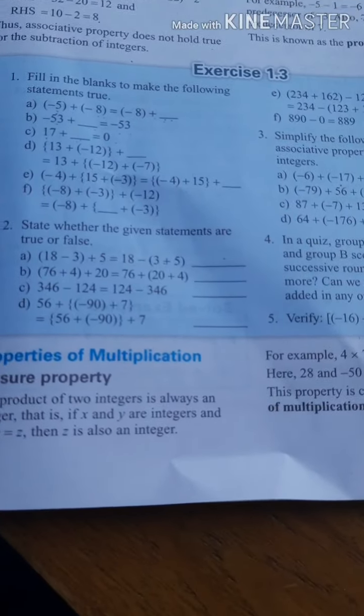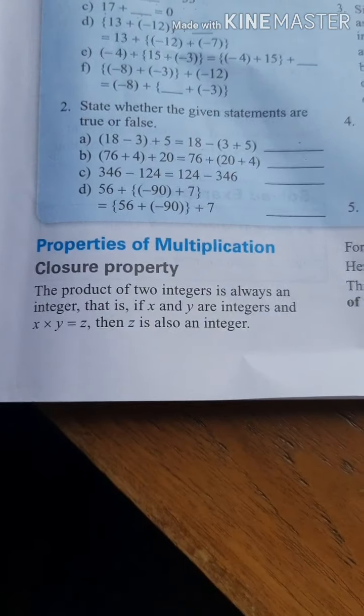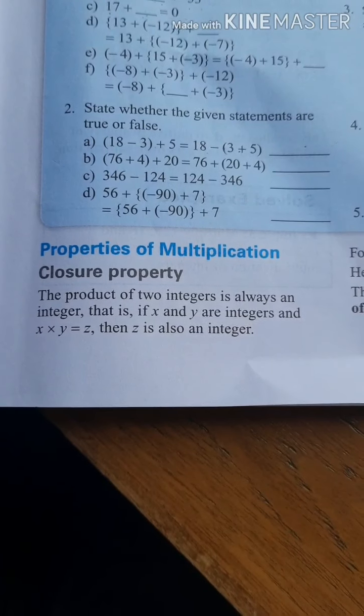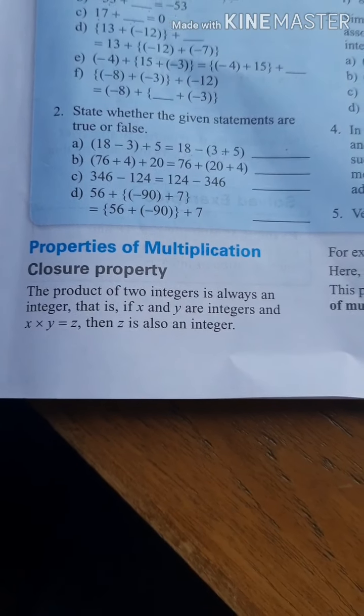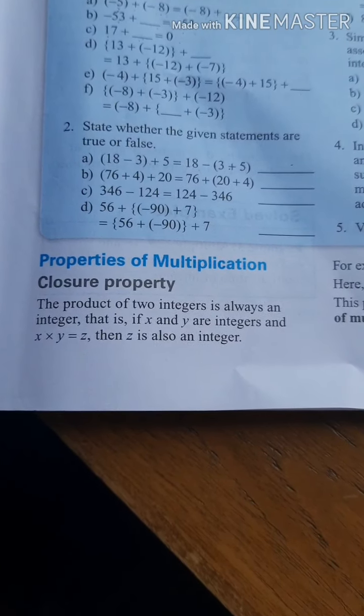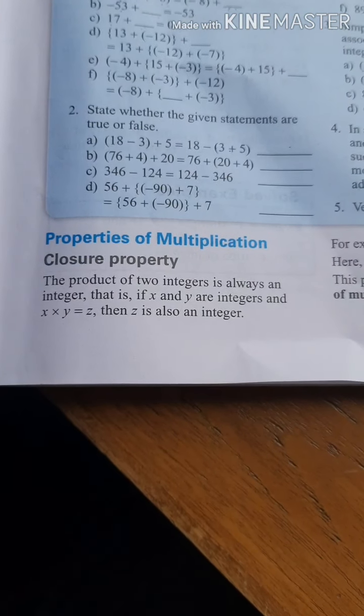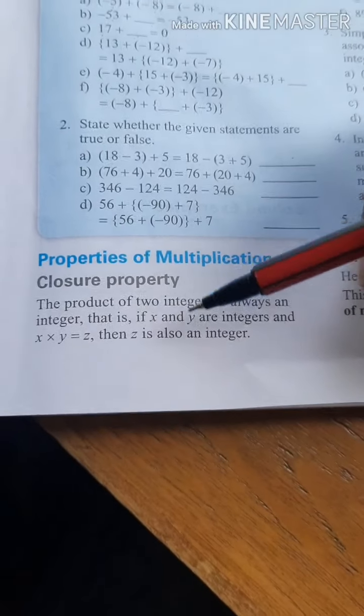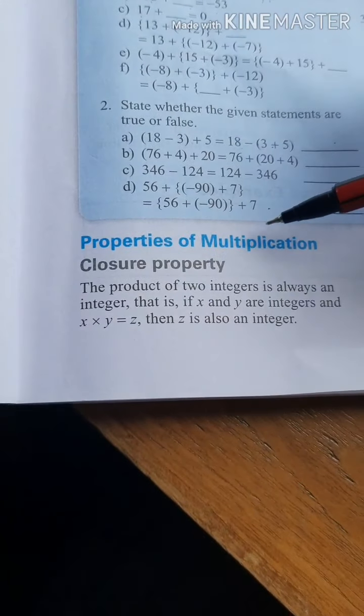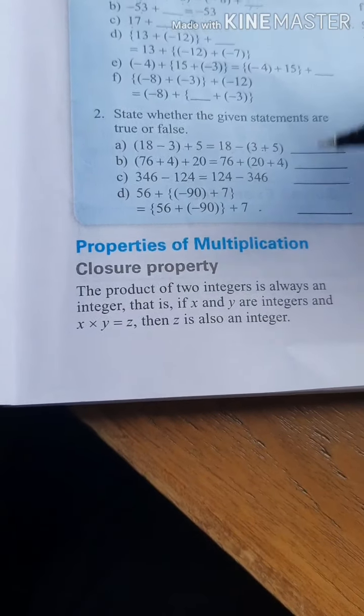First is closure property. I think in the properties of addition you read the closure property. Closure property means what? If I take any two integers, here it is multiplication, so if I take any two integers and multiply, I will get another integer.